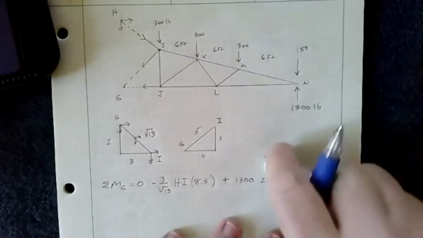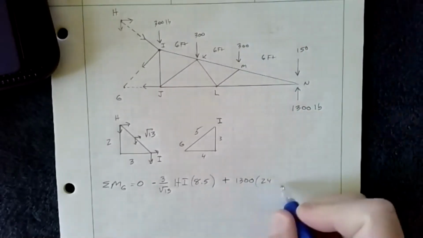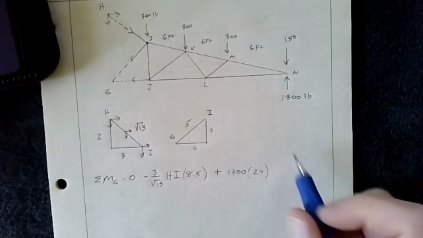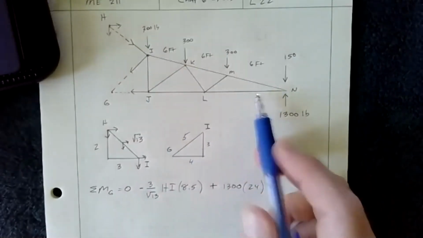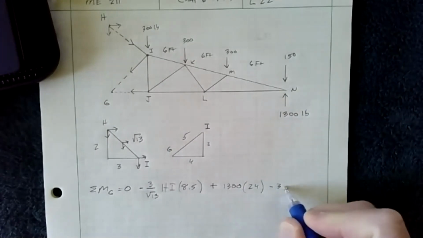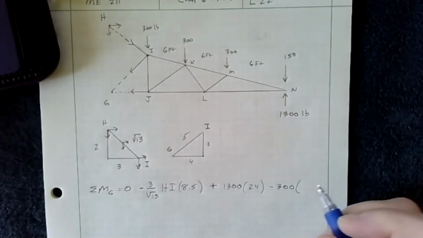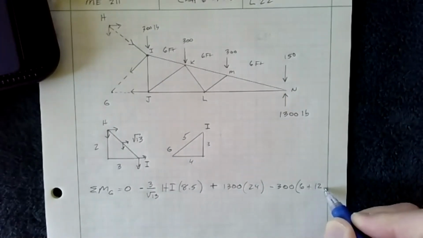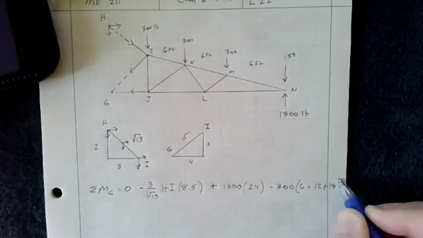I won't leave the dash off. It's improper, but 24 feet. And then the 300s, they all account for clockwise, so minus 300. And then we have 300 at a distance of 6, at a distance of 12, and a distance of 18.